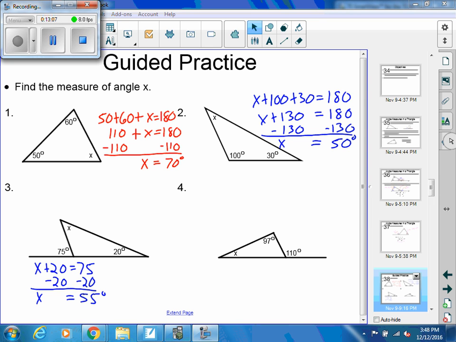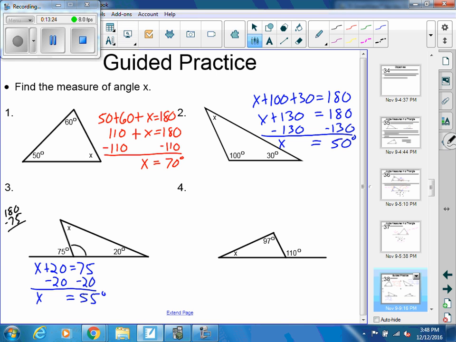Now, with these types of problems, if you can't remember that rule that the 2 non-adjacent add up to the exterior, you could still figure this out, because what you could do is find this angle down here next to the 75, because that angle and 75 have to add up to 180. So if I took the 180 minus 75, I would get 105. So then I would know that this angle right here is 105 degrees.